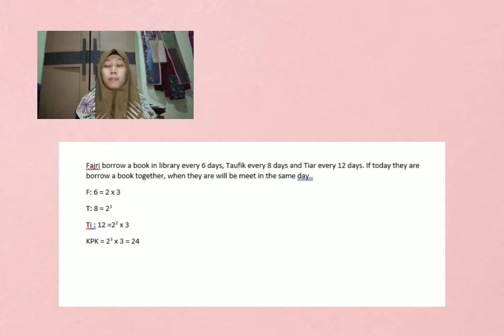The factorization of 6 is 2 times 3, of 8 is 2 raised to 3, and of 12 is 2 raised to 2 times 3. So the KPK of 6, 8, and 12 is 2 raised to 3 times 3 equals 24. So in 24 days they will meet again.